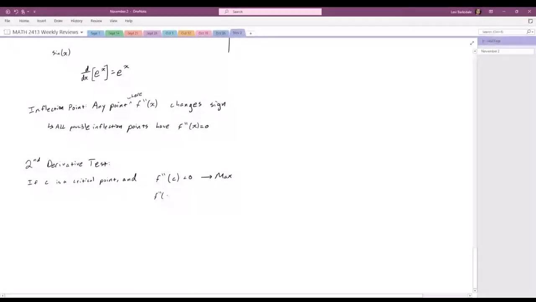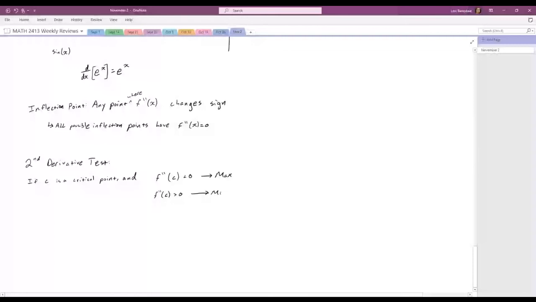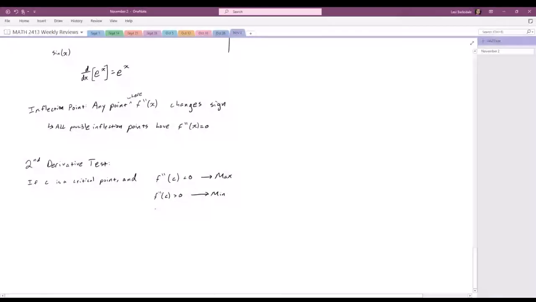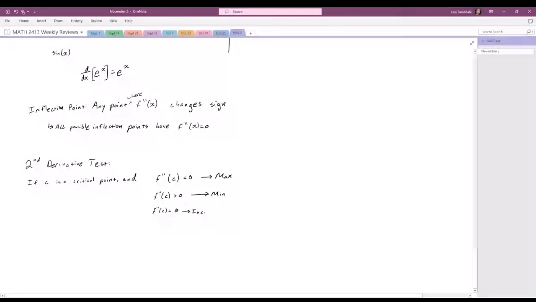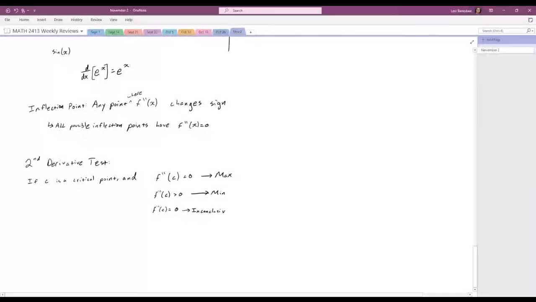If our second derivative is larger than 0, or we're concave up, then we have a minimum. So the second derivative test can be used to classify our critical points into maximums or minimums. If our second derivative at that point is exactly equal to 0, well, it's inconclusive. You would need a different method to figure it out.